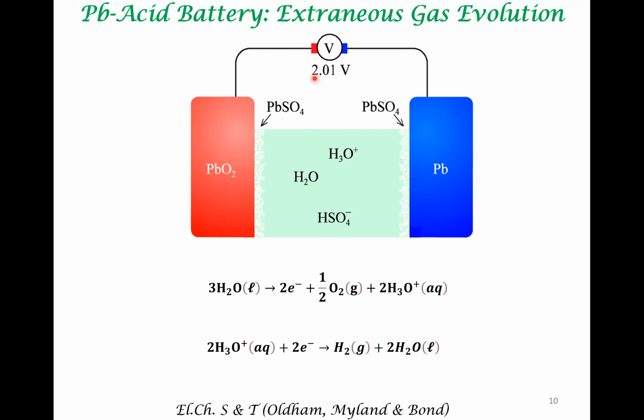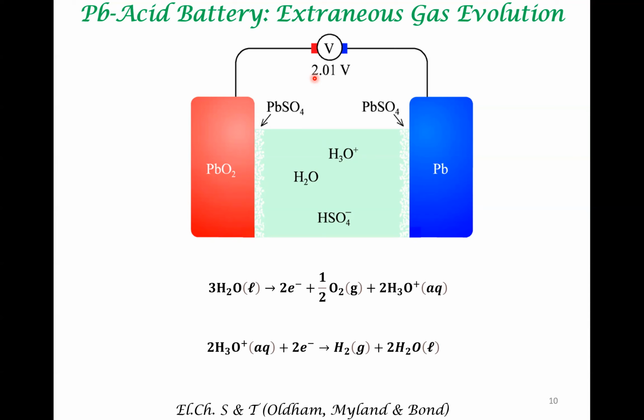Why is 1.23 important? 1.23 is the minimum potential that you need to supply to water to split water. If you do electrolysis of water, typically electrolysis becomes dominant when you supply, let's say, about 1.6, because of certain overpotential in the electrodes. When you supply 1.23, nothing happens.